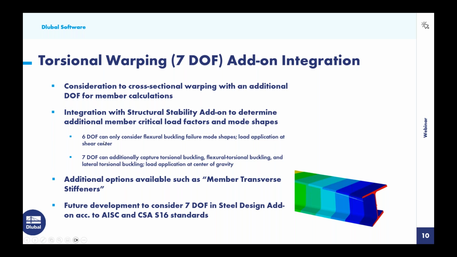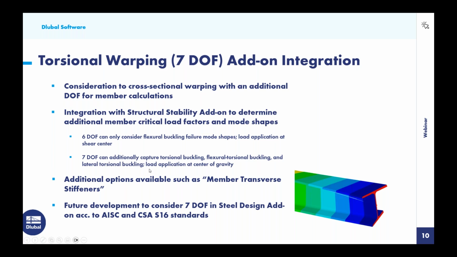So again, 6 degrees of freedom can only consider flexural buckling failure. That's everything that we have seen up until now. I did want to put a quick note here that also with 6 degrees of freedom, the load application is always at the member shear center. So now when we enable that 7th degree of freedom, we can additionally capture the torsional, flexural torsional, and lateral torsional buckling behavior.